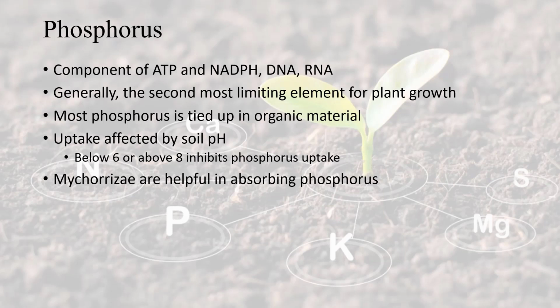So mycorrhizae, I don't know if I've talked about them yet, but they are fungi that, just like our rhizobia, right, our root knot bacteria that form the nodules on our legumes to fix nitrogen, mycorrhizae are fungi that form a symbiotic relationship with plant roots.